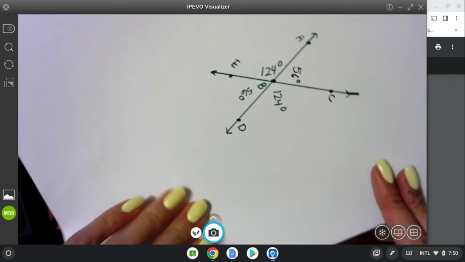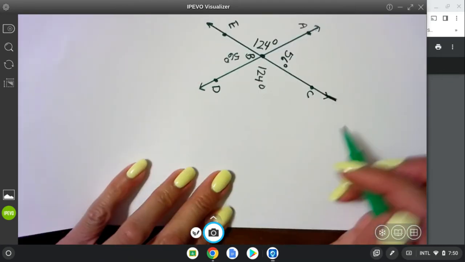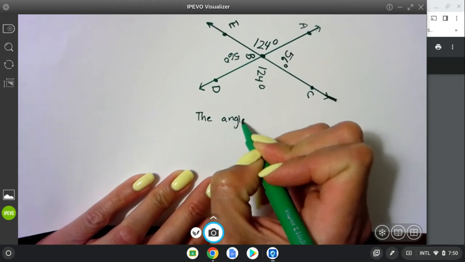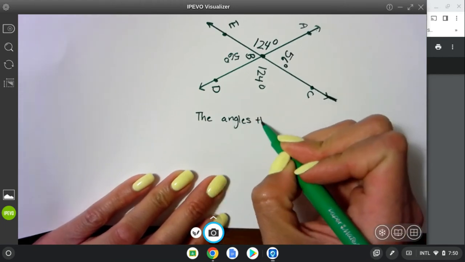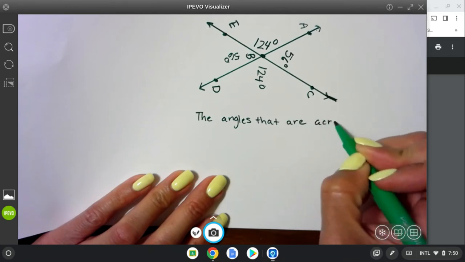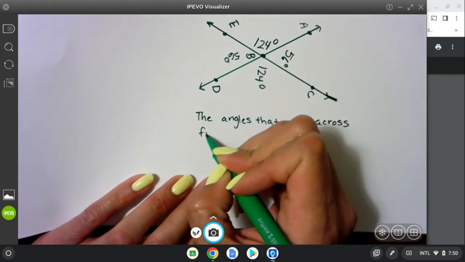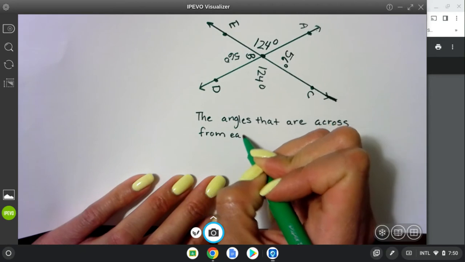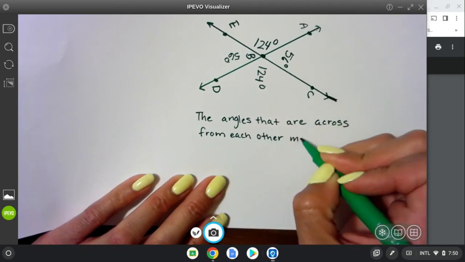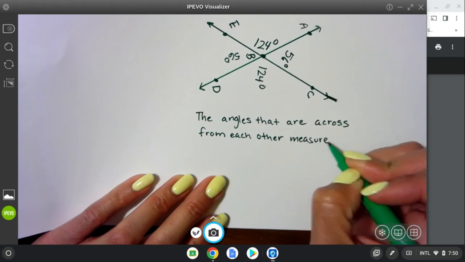They measure the same. So the angles that are across from each other measure the same.